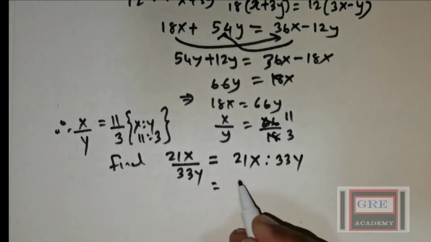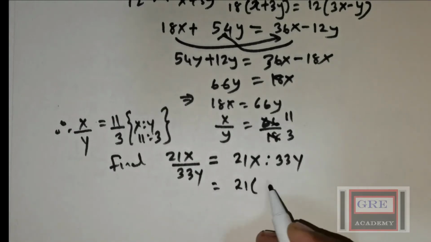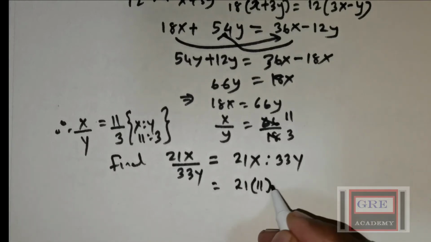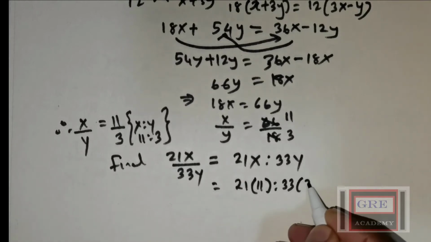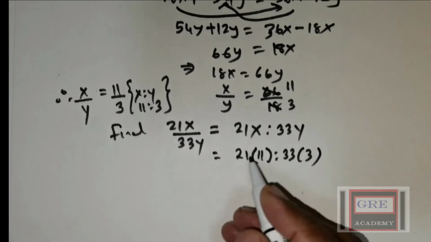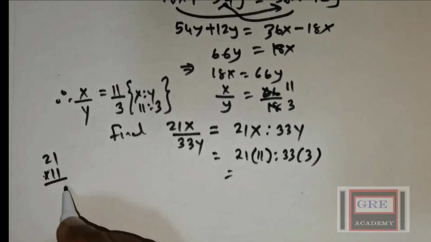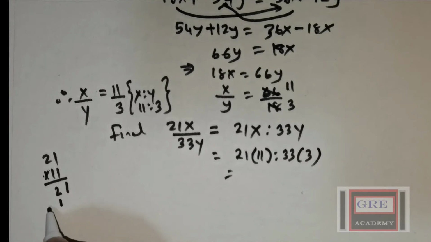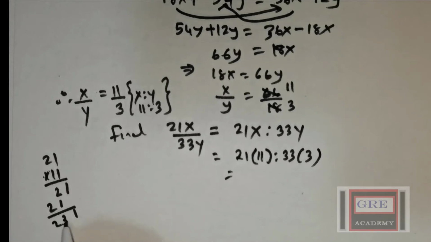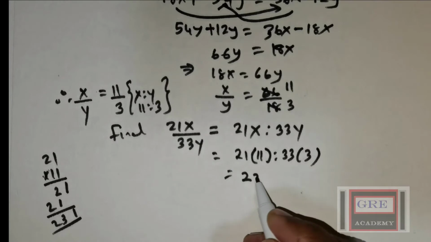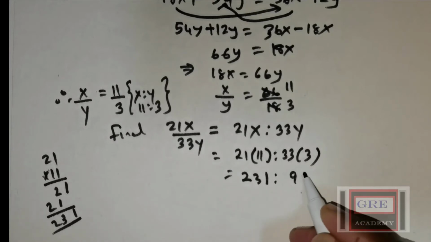So therefore we can rewrite this as 21 times 11 is to 33 times 3. So that's going to be, you multiply 21 and 11, you get 231, to 99.